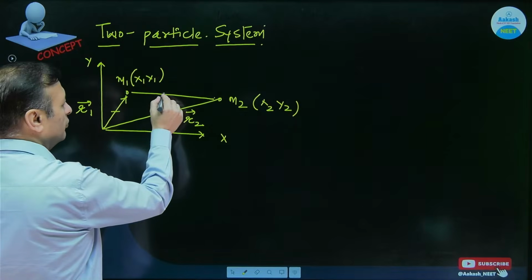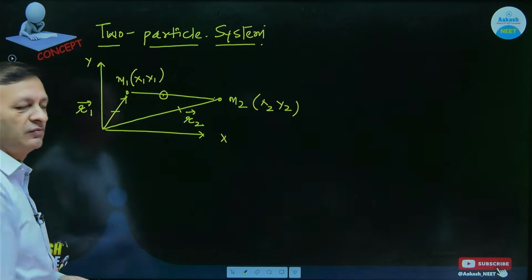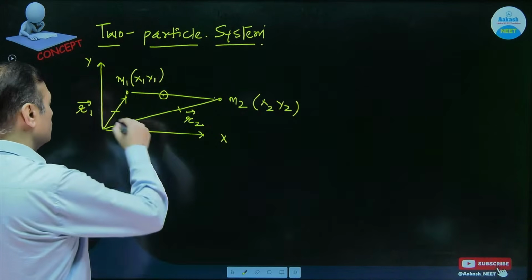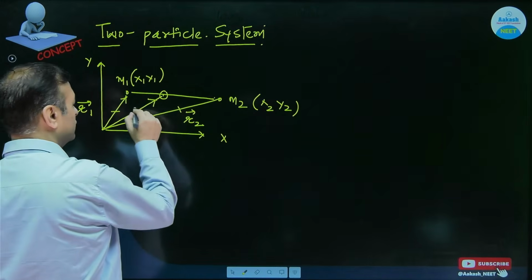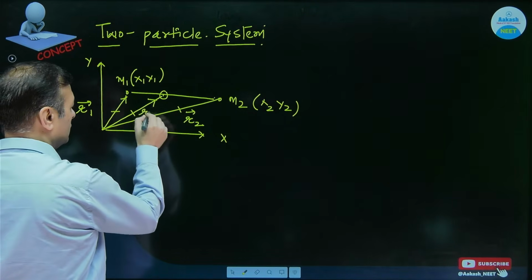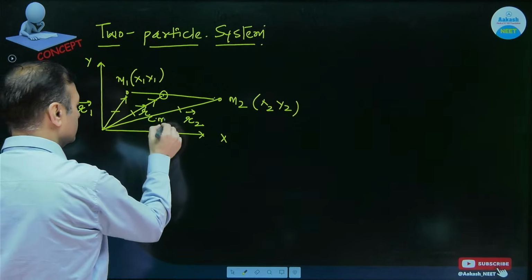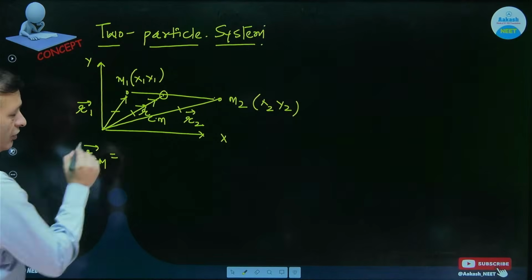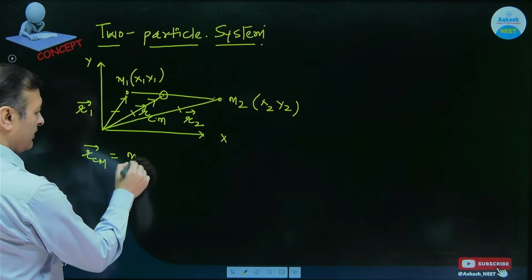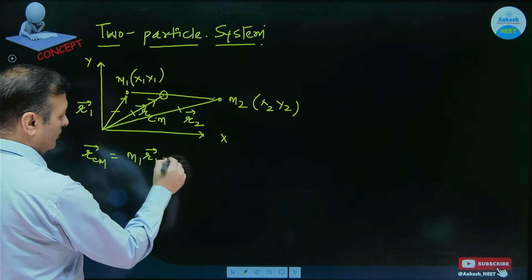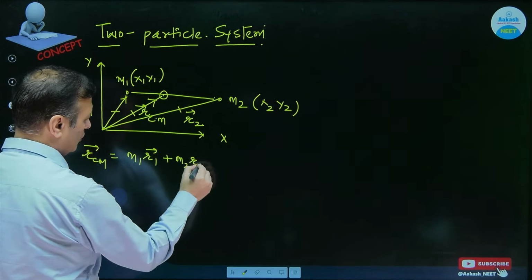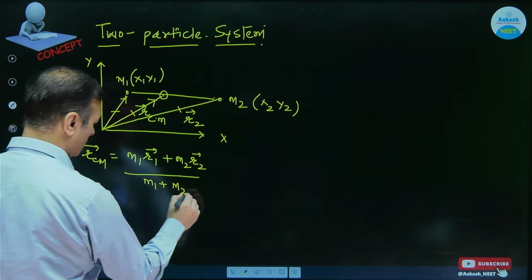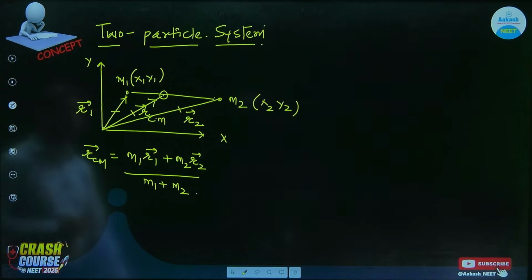The center of mass would be somewhere here, on the line joining these two point masses. Suppose this is your center of mass. The position vector of the center of mass is given by m1 r1 plus m2 r2 divided by m1 plus m2.